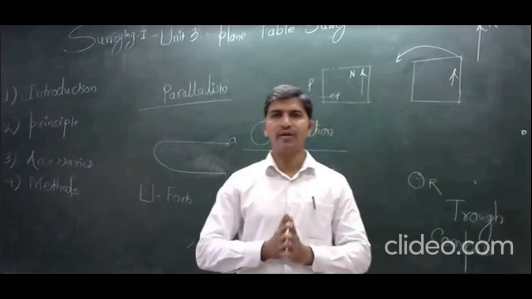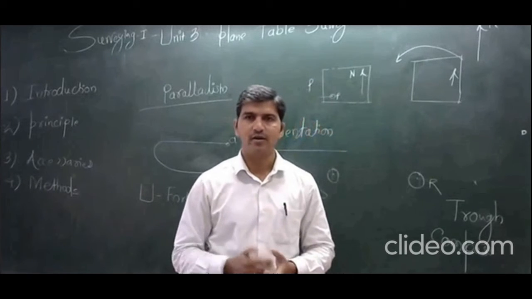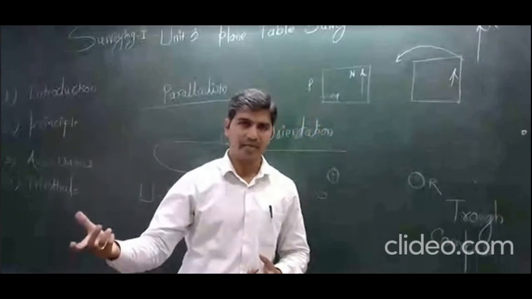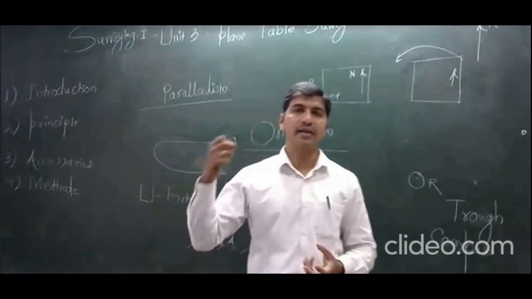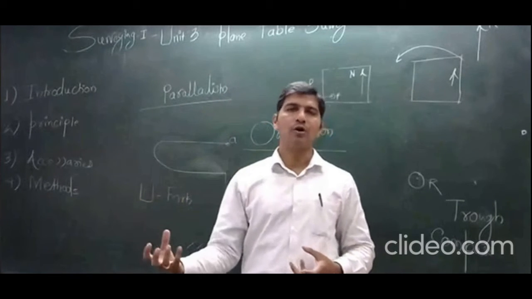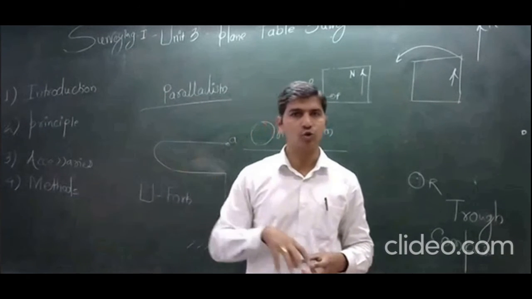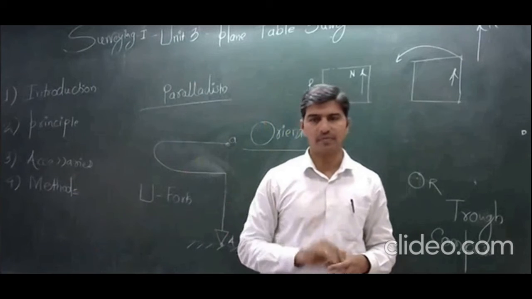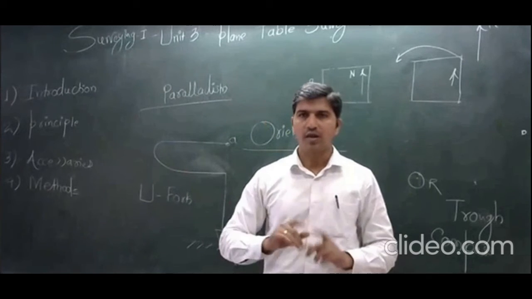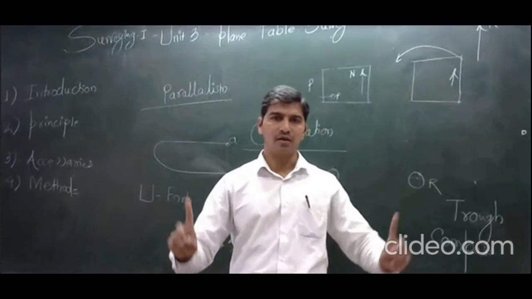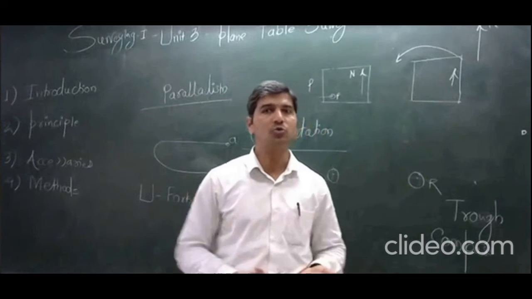This is one of the advantages of plane table, that simultaneously we can take the field observations, take the levels, and plot those points which were on the ground on the drawing sheet at the same time. This means in a single day we can prepare a map, we can prepare a contour map.